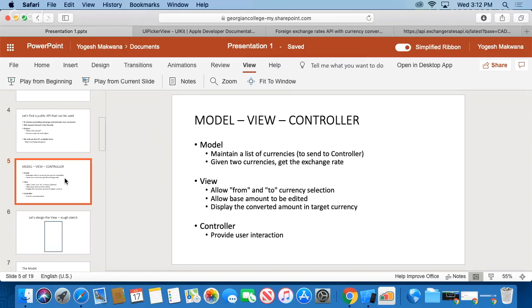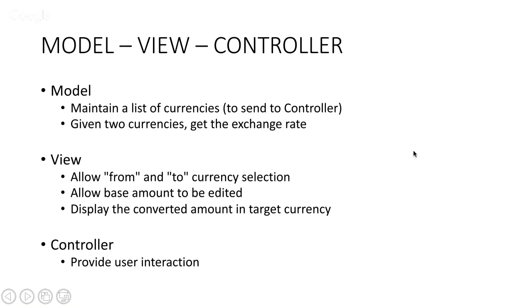So our model, what is our model going to be doing? It will maintain a list of currencies, and given 2 currencies, it's going to get the exchange rate. That's the gist of the model. The model doesn't do anything else. It doesn't care how you display them. It doesn't care if you have labels, buttons, or whatever you have. It just does that much.